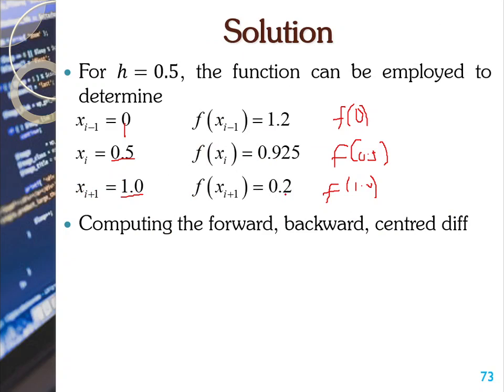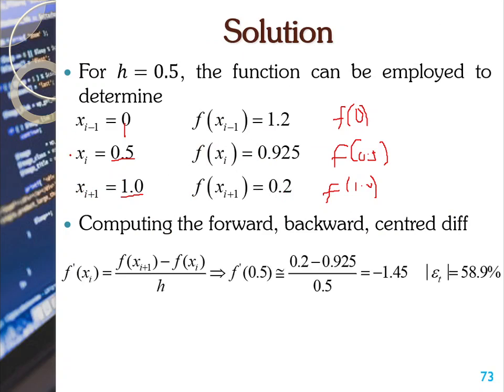Now let's see how we are going to compute our forward differentiation. Remember that our forward differentiation formula gives us f of xi plus 1 minus f of xi all over h. We know that f of xi plus 1 has been calculated here to be 0.2, so we have 0.2 here.